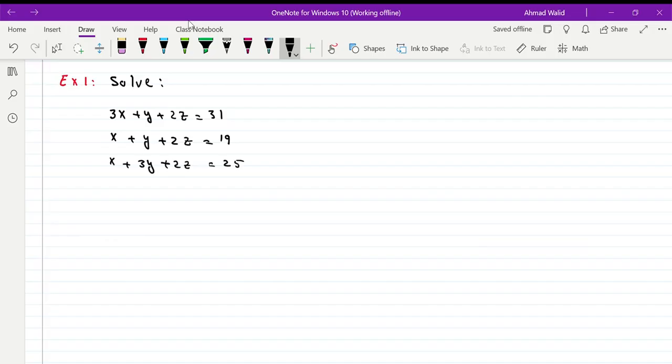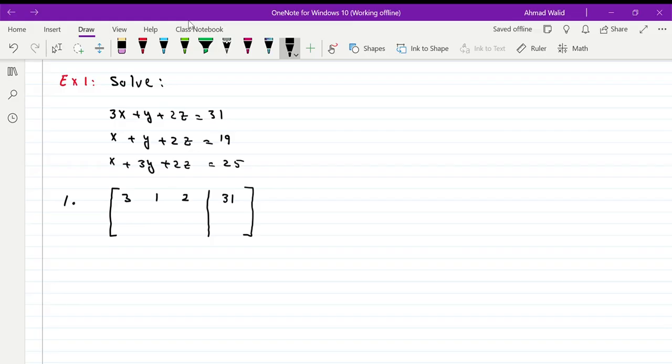Now, step 1, you have to write the augmented matrix for this system. Very easy, right? You just place the coefficients and the constant inside these brackets. Equation number 1: 3, 1, 2, 31. Please focus always on the sign of the coefficients.